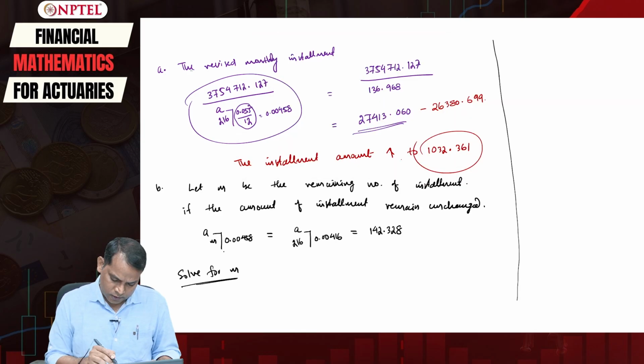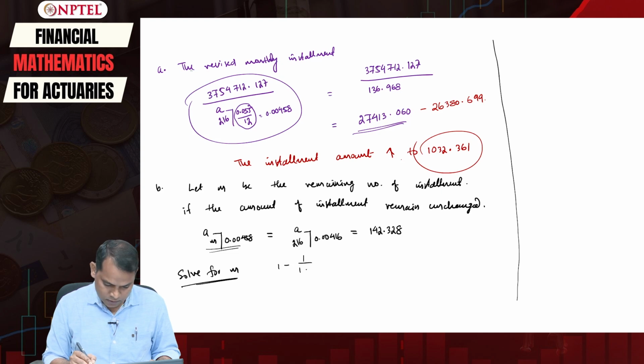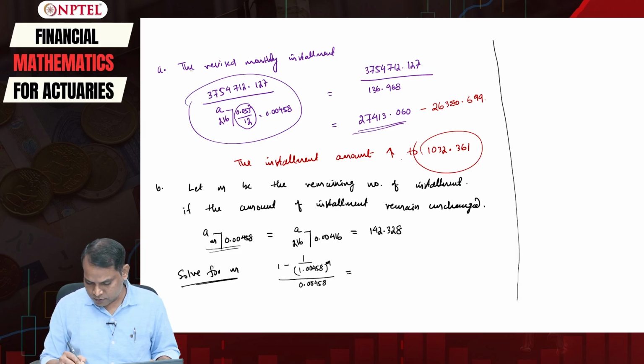Okay. So let us now solve for M. We will rewrite the formula: 1 minus 1 upon 1.00458 to the power M, whole divided by the interest rate 0.00458, is equal to 142.328.